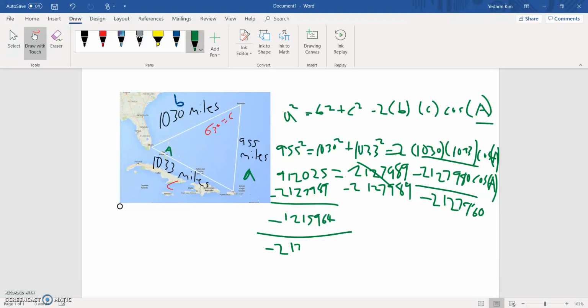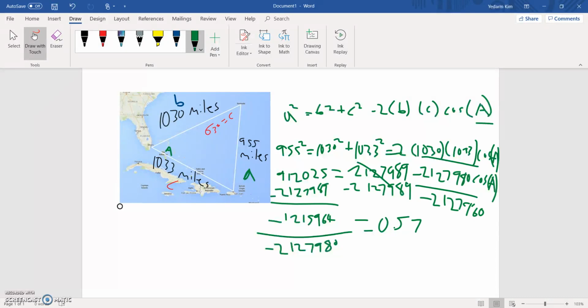Same thing right here, 2127980. And then you solve for that. So now you divide it, 7980. You get 0.57.